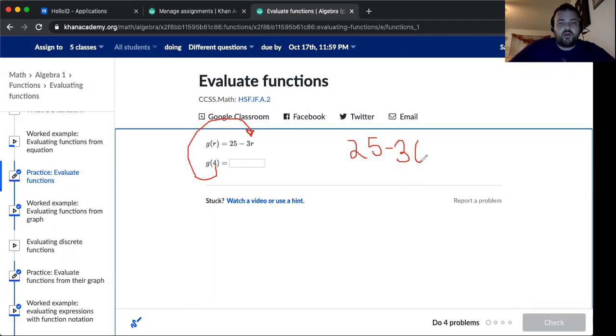It's no longer an r. In its place, we're going to replace it with 4. 25 minus 3 times 4. So in this case, we have 25 minus 3 times 4 is 12. 25 minus 12 is 13. And that's the answer. It's really that simple.